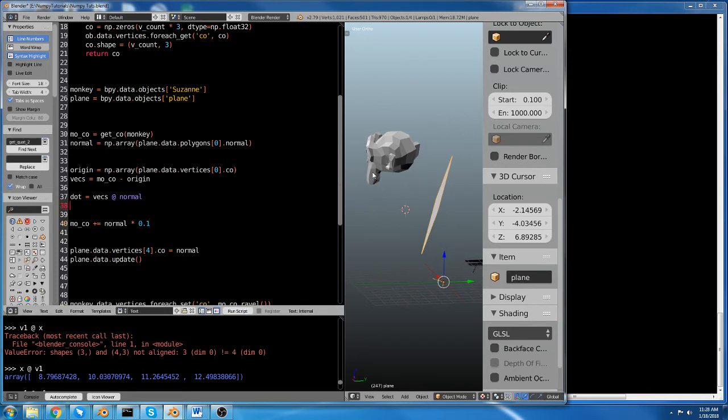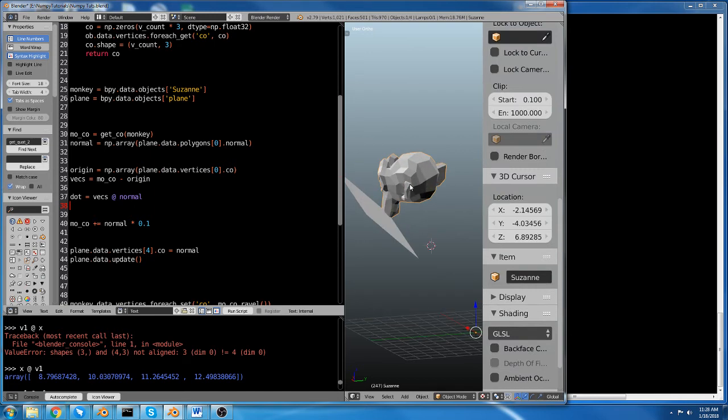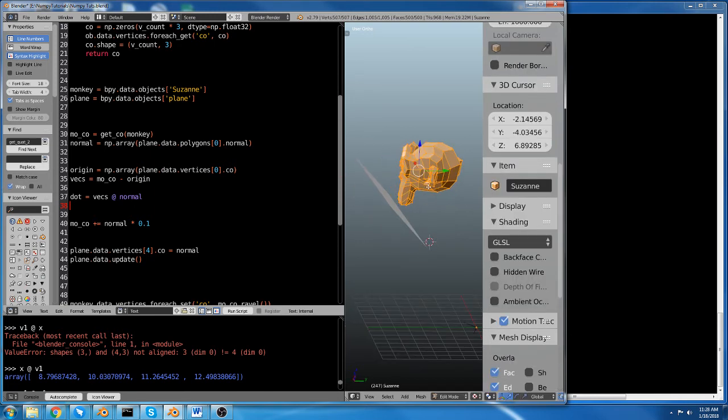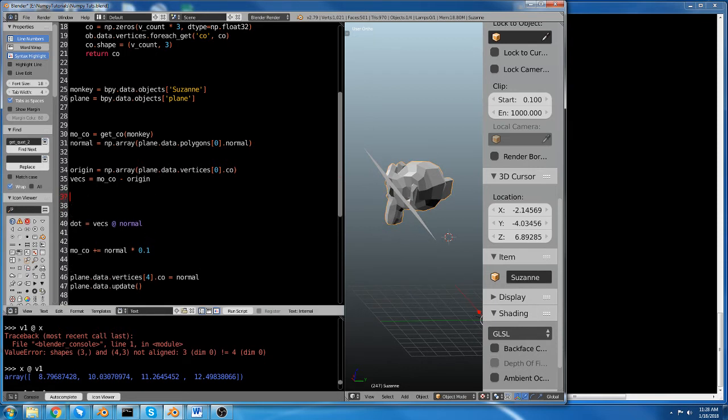So now, let's say we want to check to see if Suzanne is on the surface of our anti-gravity weirdness water or if she's below the surface of it. Right now she's got part of her face stuck in our anti-gravity water. And we need to check to see if any of these dot products are negative to know if anything is on the wrong side of this plane.